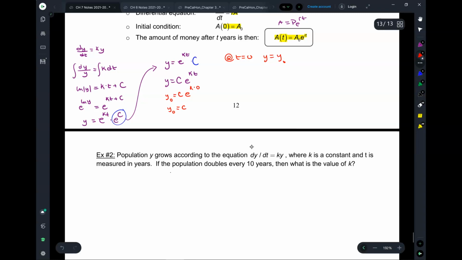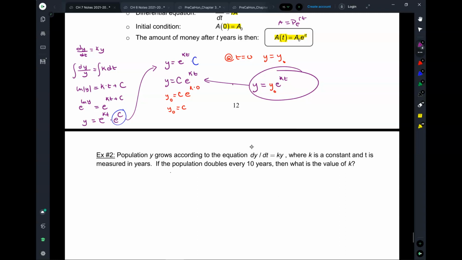So now plug it back to here: y equals y naught e to the kt. That's where it comes from.